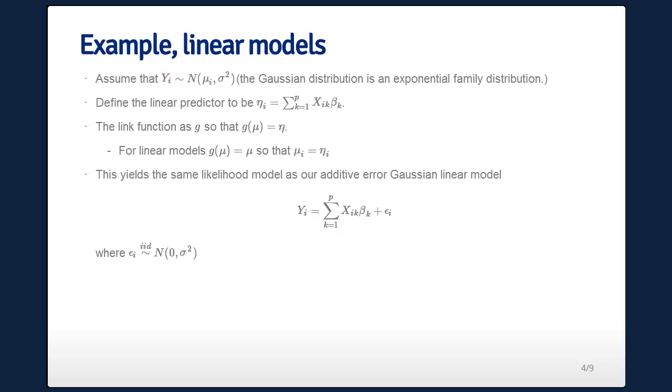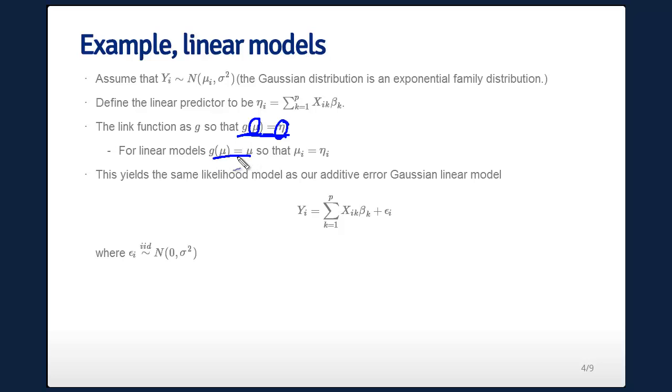Okay? So that's the linear predictor. And in our case, we have this link function, g of mu, that's g of mu equal to eta. And so this is always the case. The link function is such that it links the mean of the y's to the linear predictor. That's why it's called the link function.